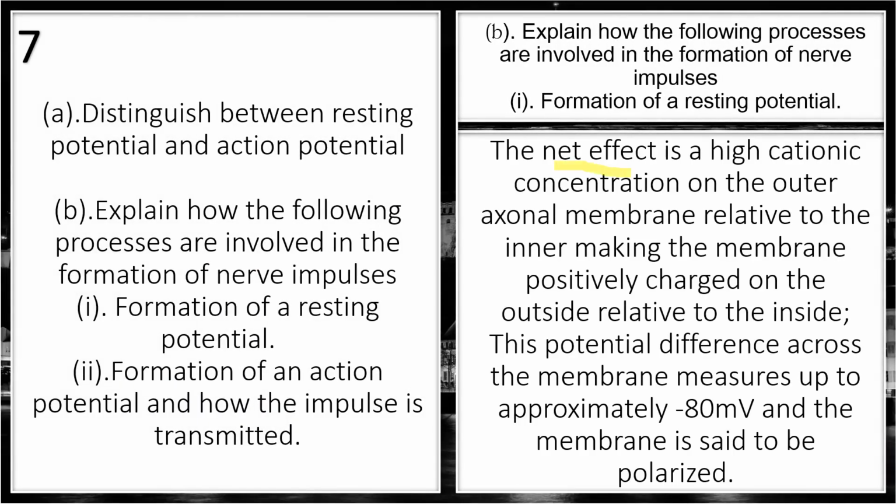The net effect is a high cationic concentration on the outer axonal membrane relative to the inner, making the membrane positively charged on the outside relative to the inside. This potential difference across the membrane measures up to approximately negative 80 millivolts, and the membrane is said to be polarized.